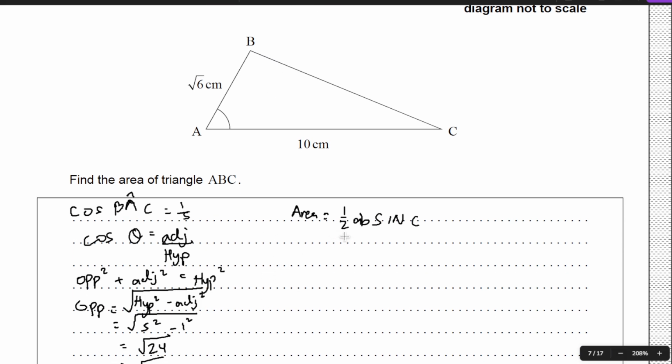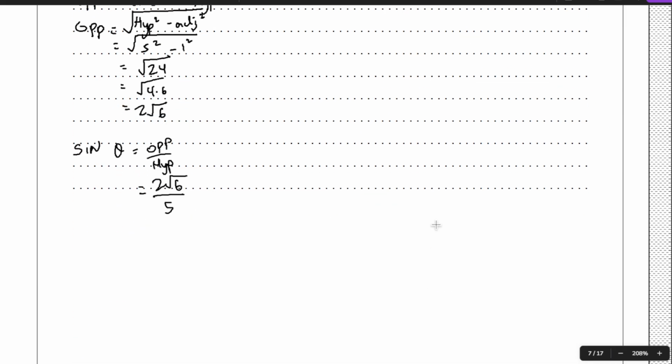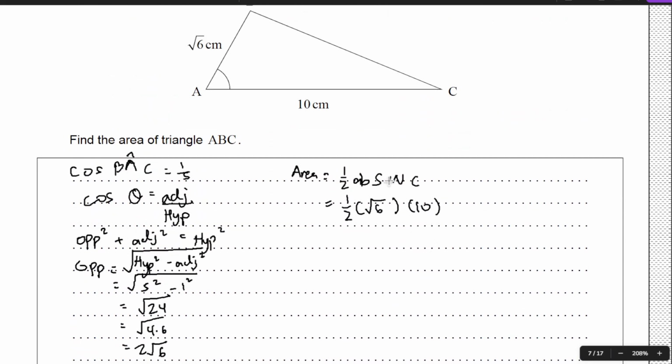And so we can replace sine C with what we have, and also a and b, so root of 6, as well as our b, which is 10, and our sine C, which we found down here, is 2 root of 6 over 5.